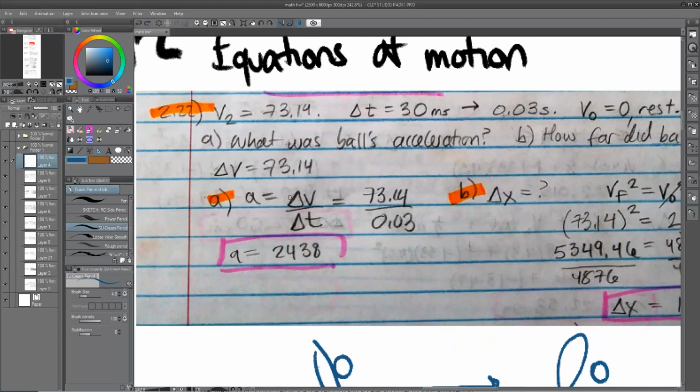So you can easily solve for acceleration by plugging it into the equation for acceleration. If I plug in my value for delta v here and my value for delta t here, I have this value, meters per second squared.